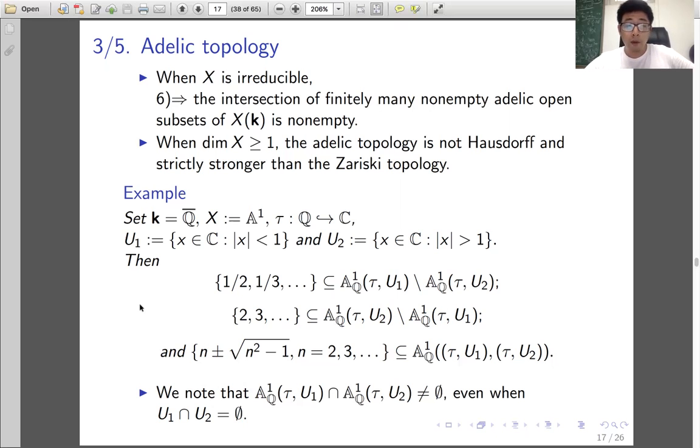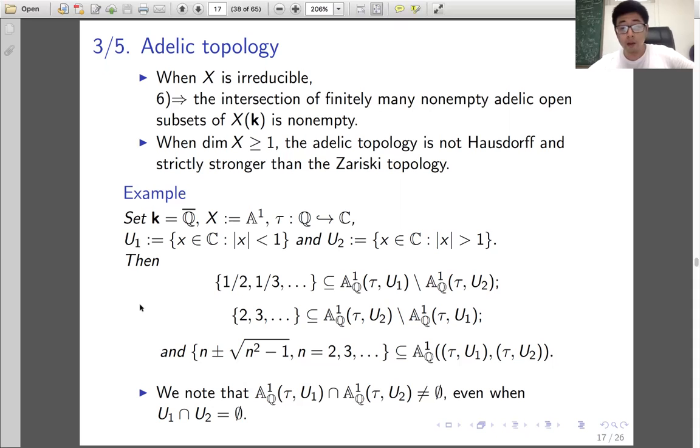And the set n plus or minus 1 over n squared minus 1, over 2, for n larger than or equal to 2, is an infinite set.